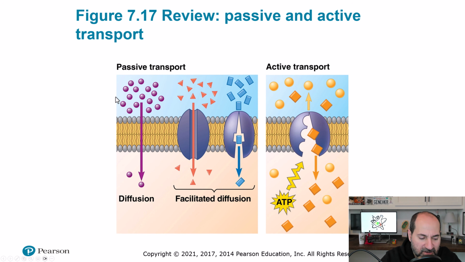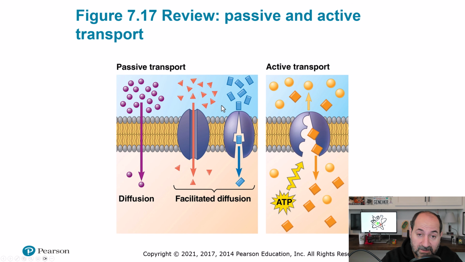And then do you remember this summary slide here? These purple dots represent substances that can diffuse through simple diffusion across a semi-permeable membrane. And remember, for a substance to do that, it needs to be small and nonpolar, such as CO2, methane, and other hydrocarbons, oxygen, these types of small non-polar molecules.